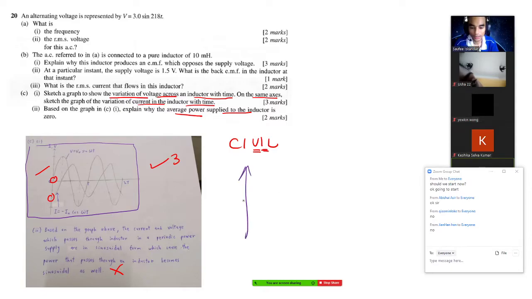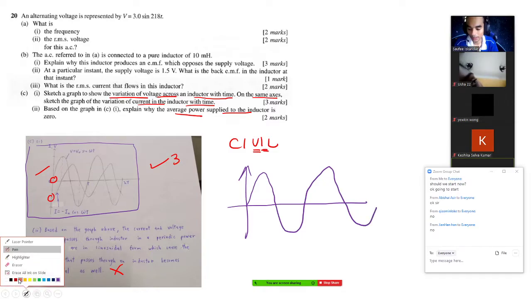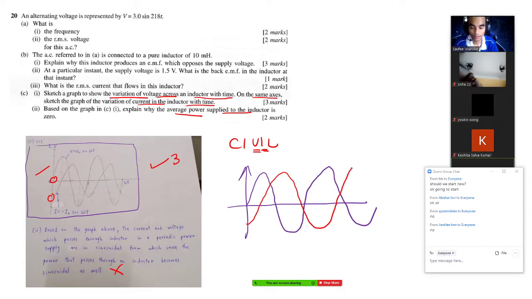You can say that okay, this is up, down, up, down. This is V, this is I, goes up and goes down here and goes up again. Okay, you can explain that in the P graph.